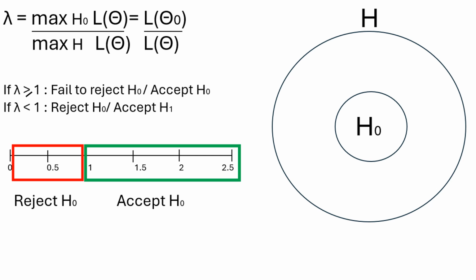So after having dealt with this vast background, we are now in a position to formally define what a likelihood ratio test is, which will also be followed by a brief expression.